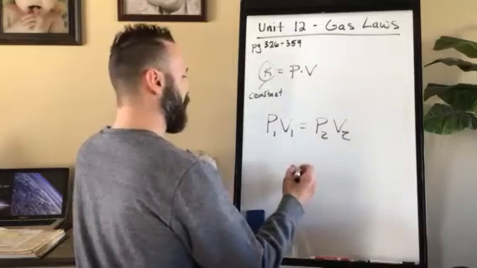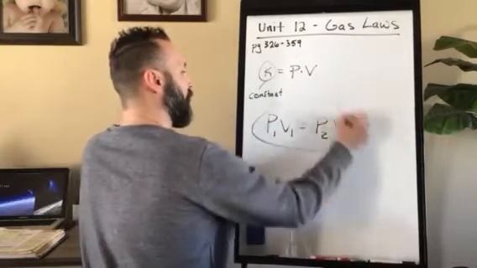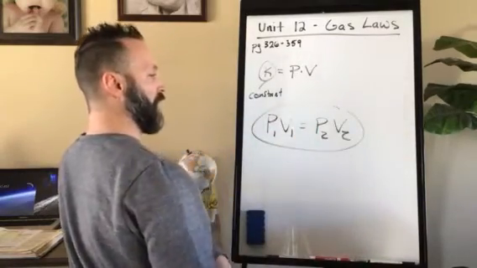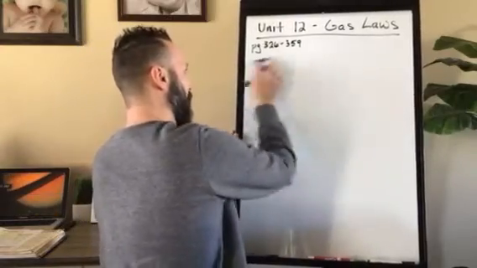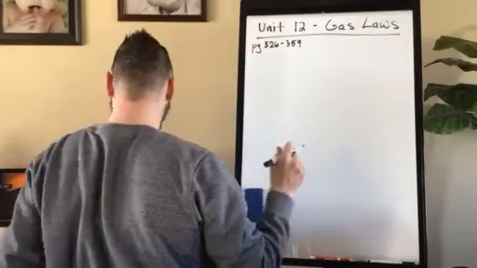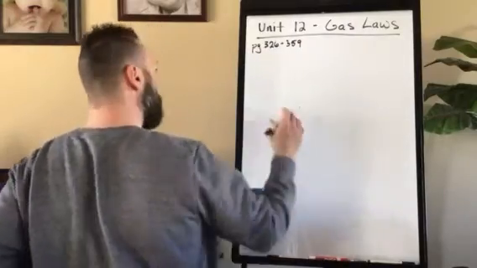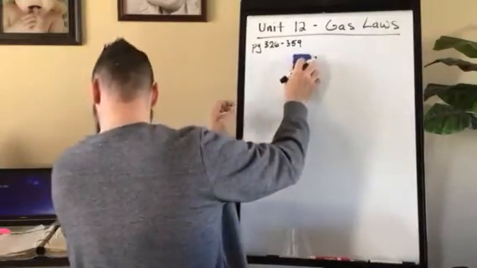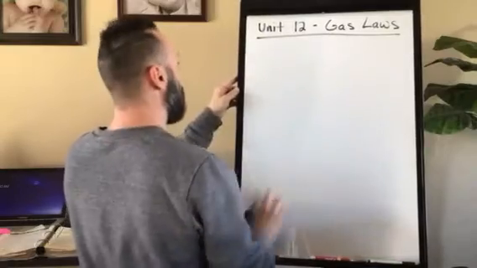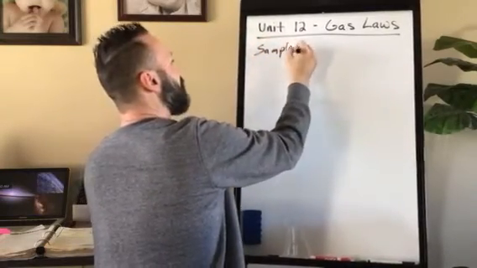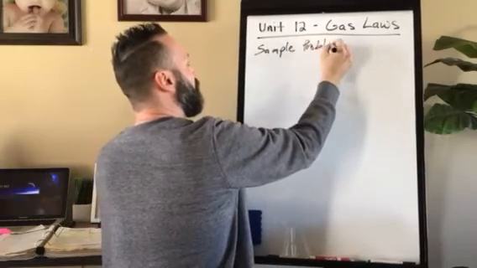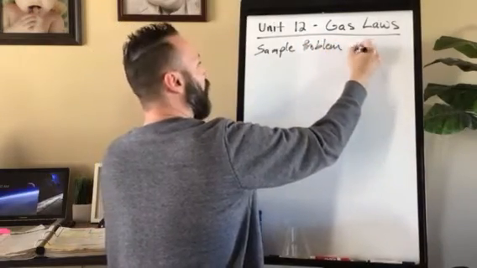All right, so let's go ahead and do a sample. So this is Boyle's law here: P1 V1 equals P2 V2. We're going to take that and do a sample problem out of your textbook on page 335. Let's do sample problem 12.1.